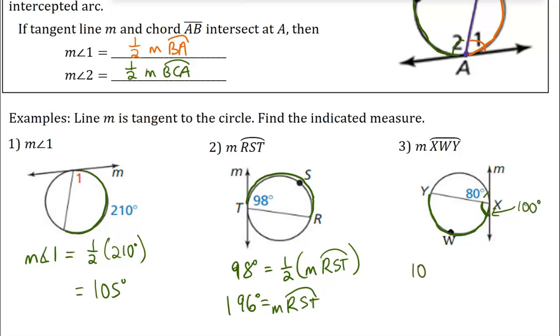So then the angle is half of the arc XWY. Okay, so once again, multiplying by 2, so the arc is 200 degrees.